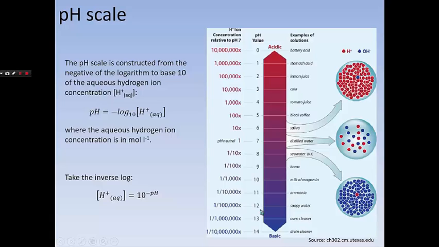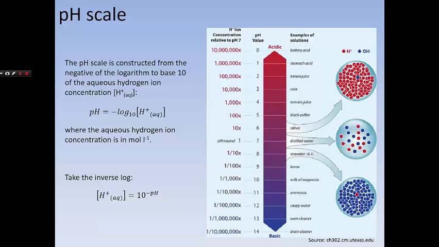By using the pH scale, aqueous hydrogen ion concentrations that may differ by 100 millionfold are converted into numbers on a scale which runs from just 0 to 14. Now we can see why I take the logarithm, just for convenience.